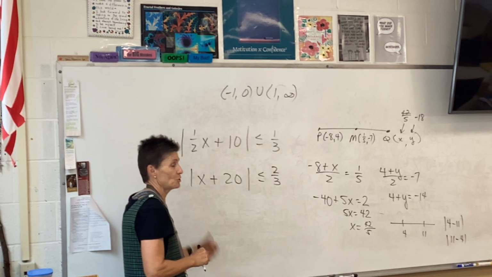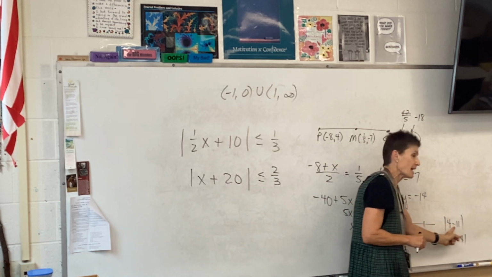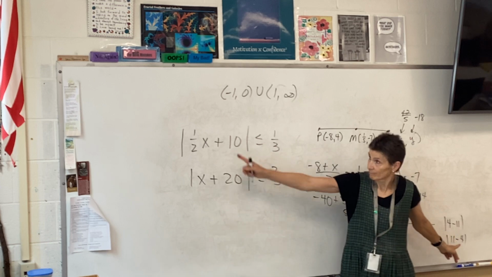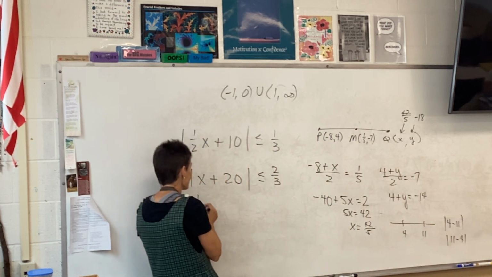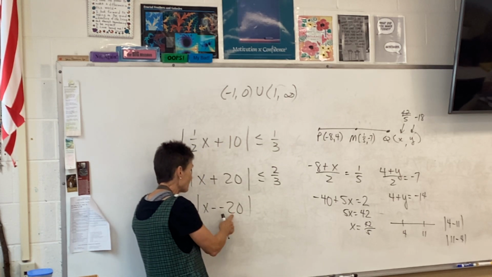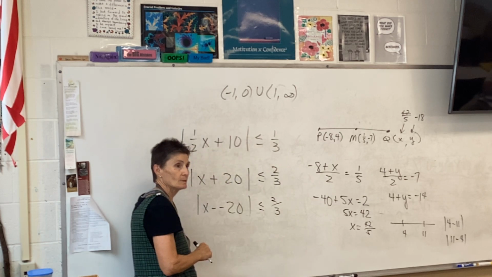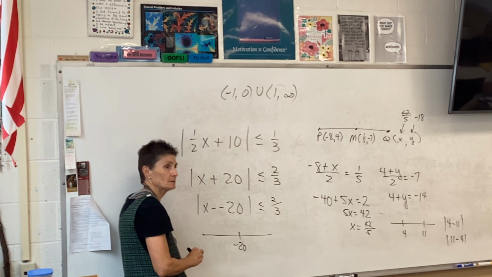The second issue is that distance is a difference, not a sum. So I have to think about this as the distance between something and negative 20. So here's negative 20 on my number line.